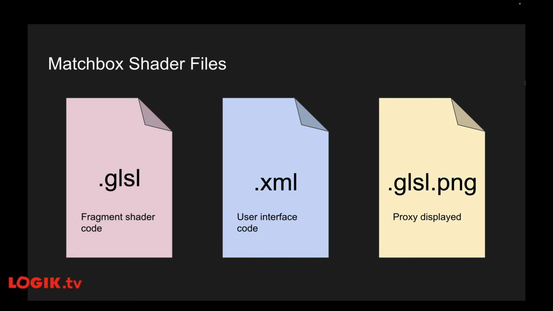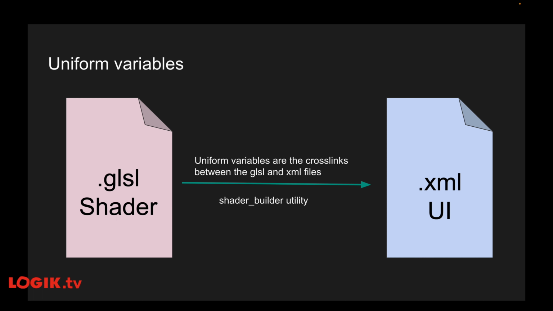Now that we know that these 3 files make up the Matchbox shader, the GLSL being the shader script and the XML being the UI script, you might want to know how they communicate with each other. And they do so through uniform variables.